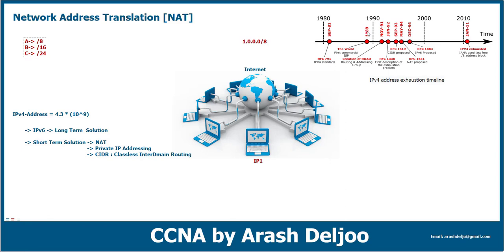But in 1989, as you can see, the internet was used for commercial functions. And also here we have other events. I'm not going to talk about all of them, but here you can see that for the shortage of IPv4, CIDR was proposed. I will talk about CIDR. After that, NAT was proposed, and also some other solutions. But finally, IPv6 was proposed, and you know that IPv6 is the long-term solution for the shortage of IPv4 addresses.